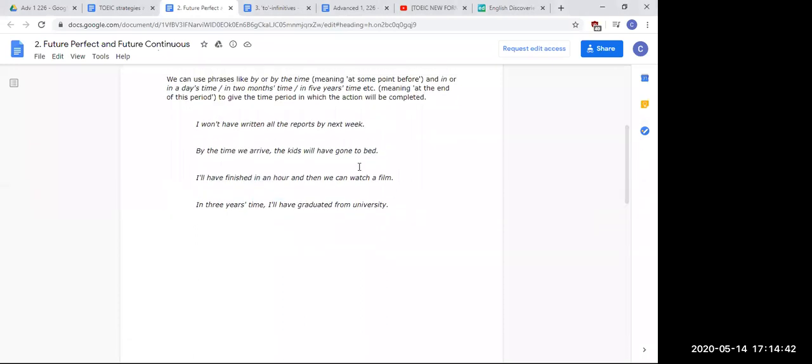So "by the time," "by next week," "in an hour," "in 3 years' time." They all tell us the point, that's the end point of our sentence.